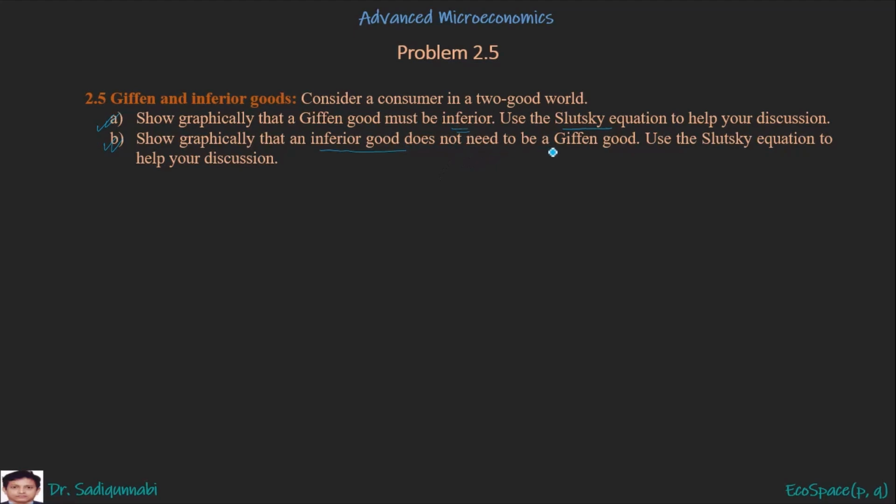Again, we can use this Slutsky equation to help our discussion. So a Giffen good must be an inferior good, but an inferior good doesn't necessarily have to be a Giffen good. Let's go for the solution.